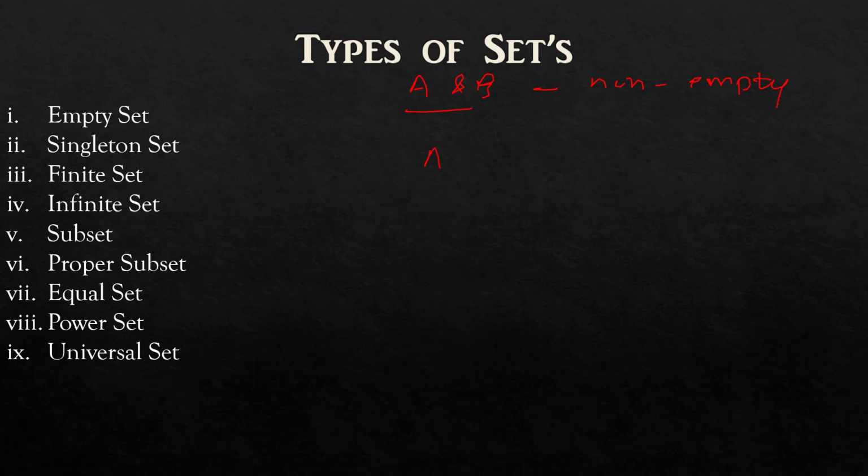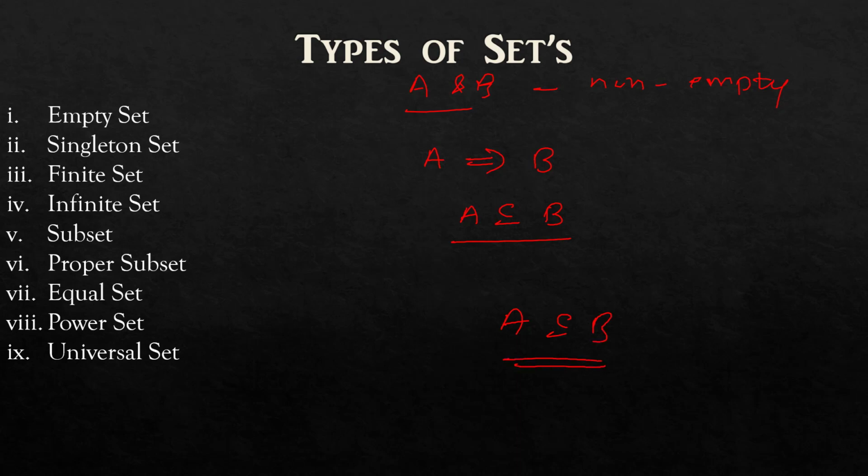If all the elements of A belong to B, then A is a subset of B. Otherwise, we can define it as: set A is said to be a subset of set B if every element of A is also an element of B, and we write it as A is a subset of B.